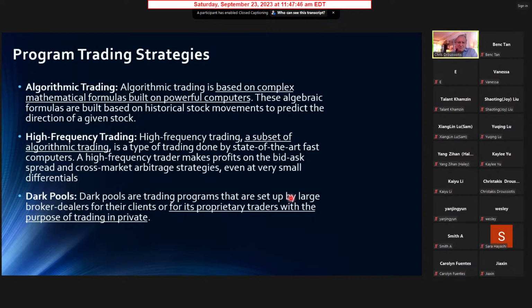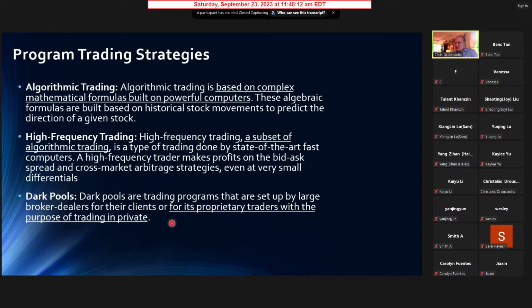And then you have the dark pools. There's another great book called Dark Pools. Dark pools are basically trading programs that don't show up in the actual trading book. You don't really see them. They're massive, very proprietary trades between institutions. So let's say JP Morgan Chase is selling to Citibank.